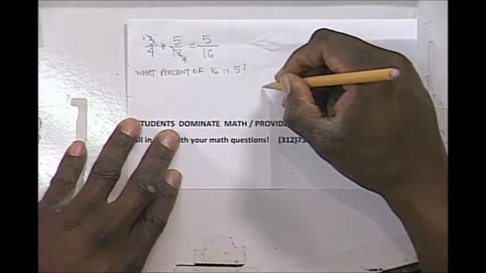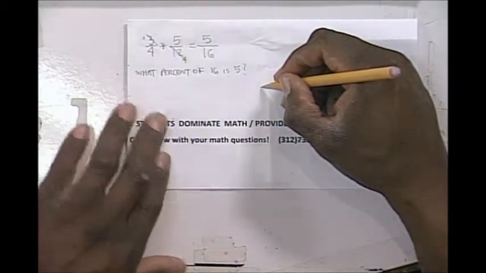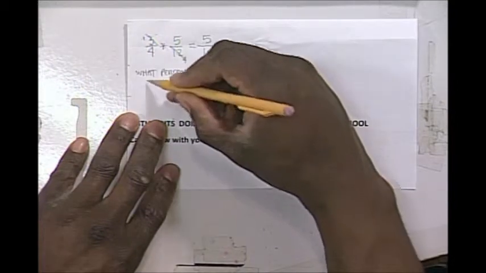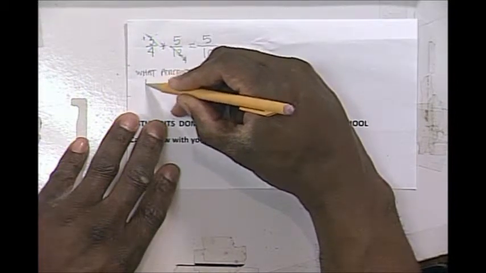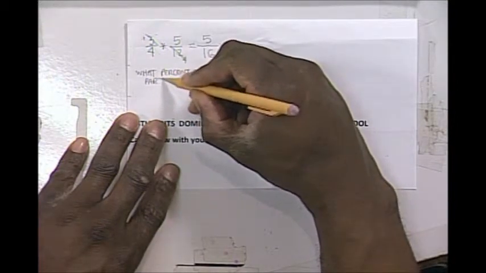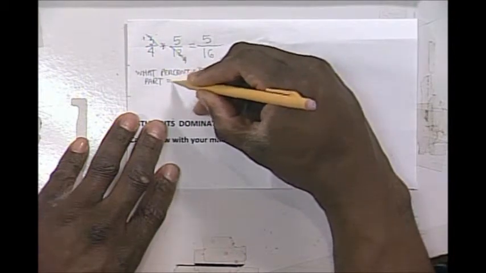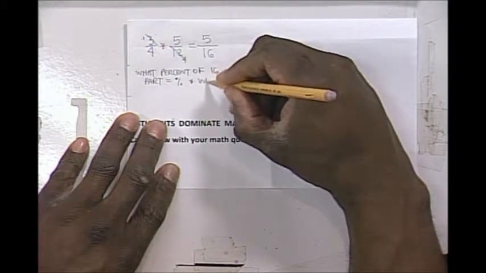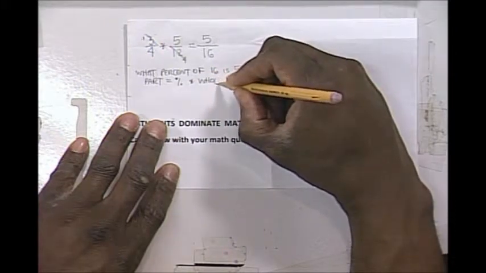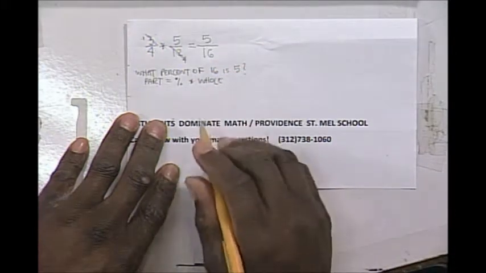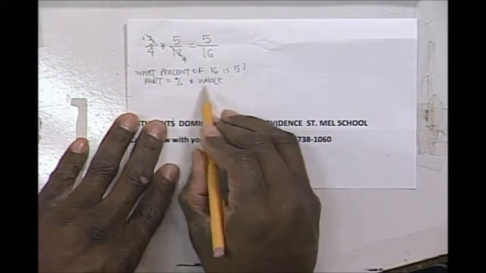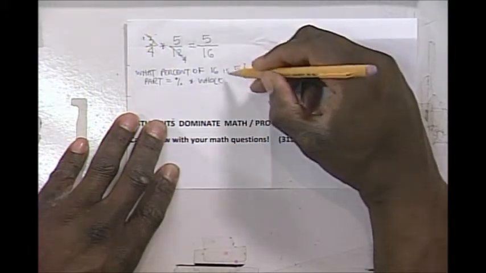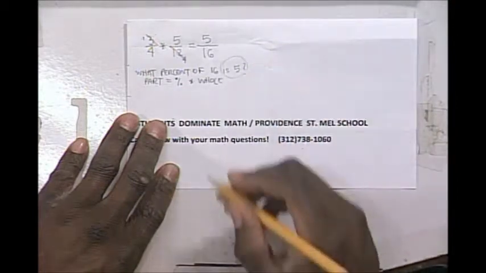So one way of doing this problem is you could begin with this relationship that the part is always equal to the percent times the whole. The part is equal to the percent times the whole. The part here is 5.